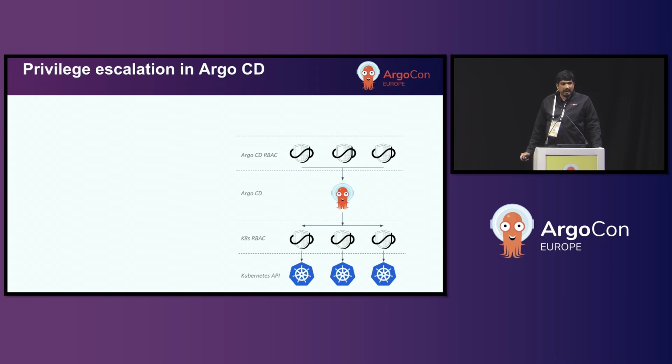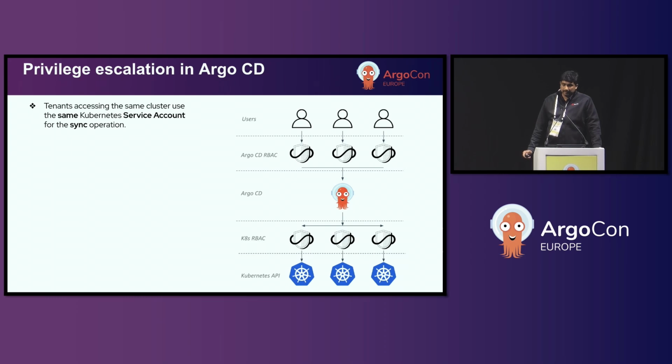On top of it, we have the Argo CD RBAC, and the users, the Argo CD end users. The access privilege is controlled by the Argo CD RBAC as the first layer, and then it goes to the Argo CD application controller service account, which has highly privileged access.